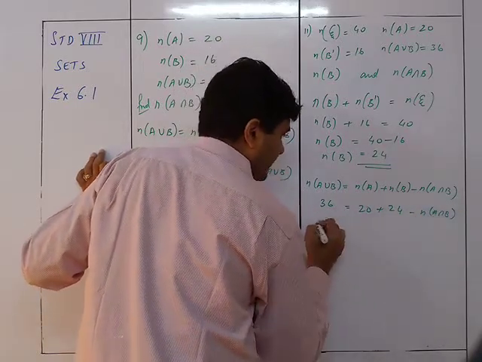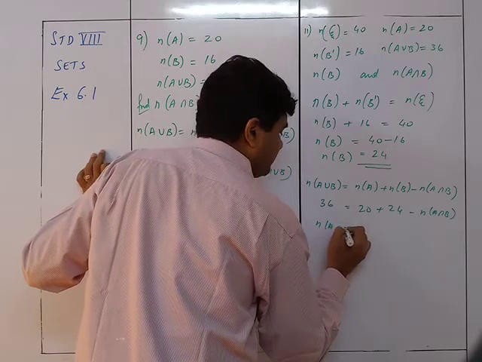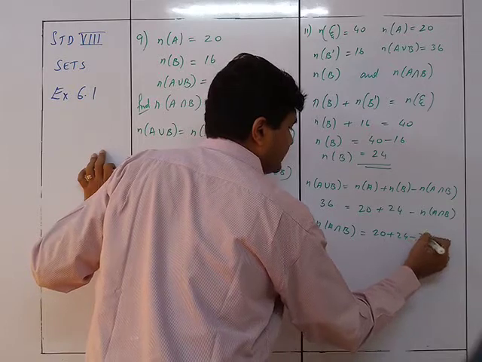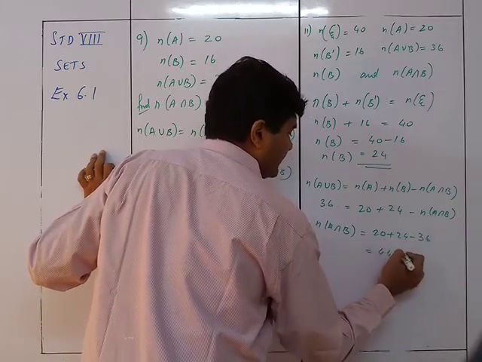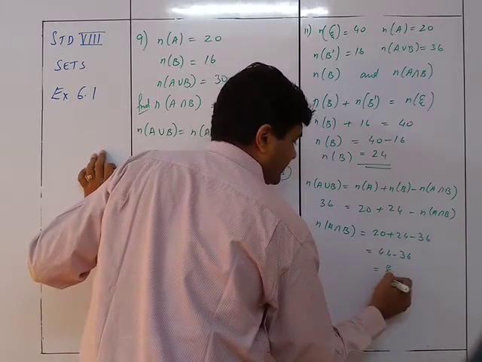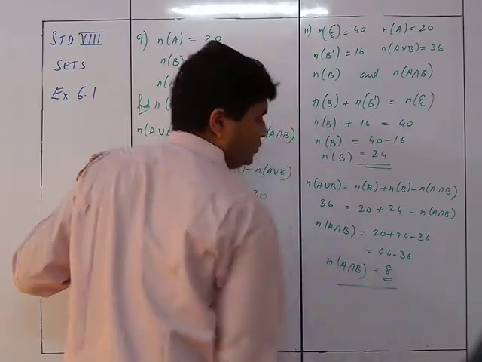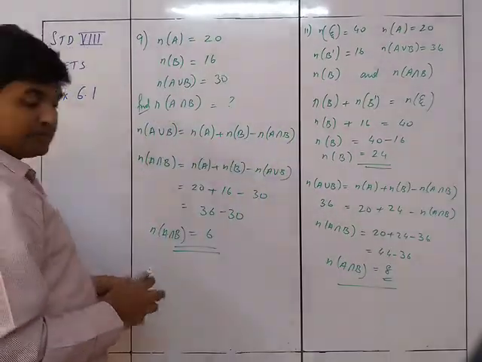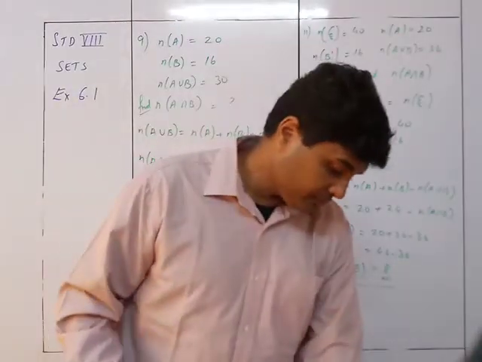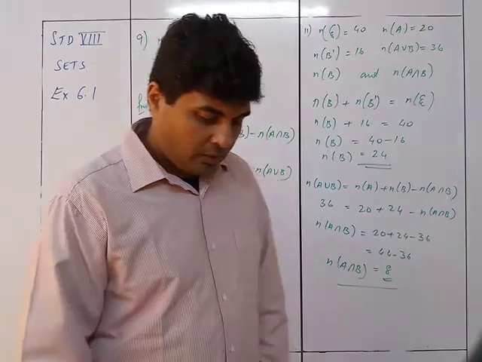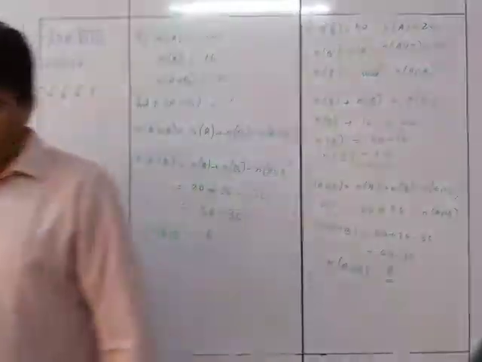So n(A intersection B) is equal to 20 plus 24 minus 32, which is 44 minus 32, equal to 12. So n(A intersection B) is equal to 12. That was sum number 11. We now move on to sum number 13.